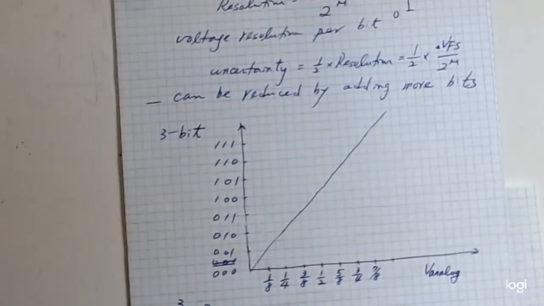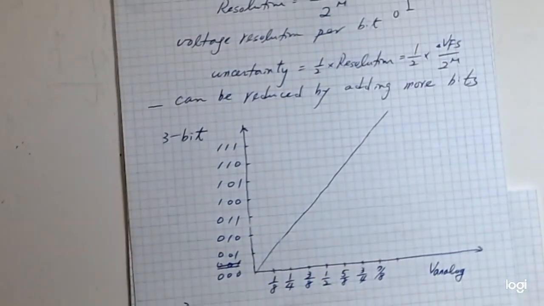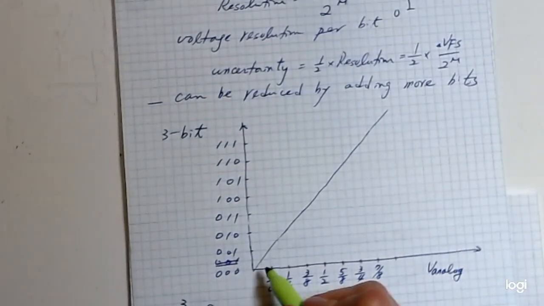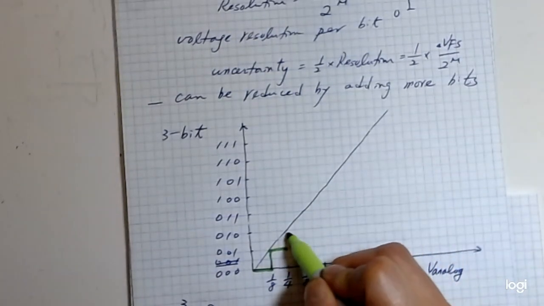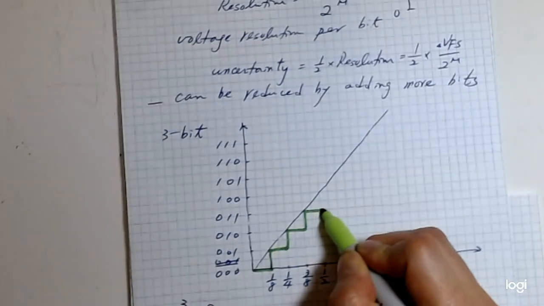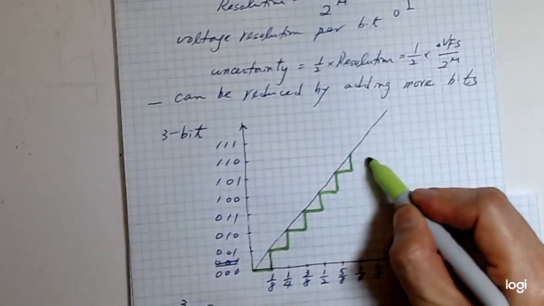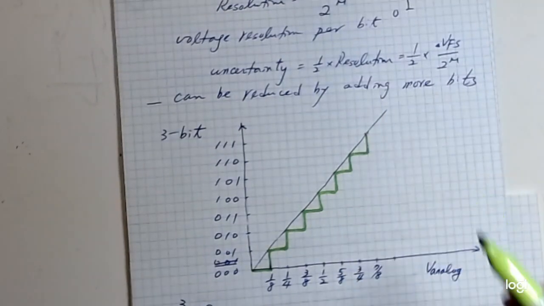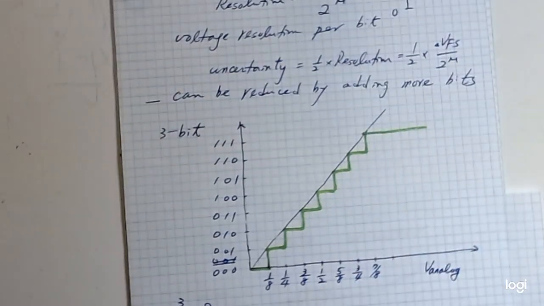In other words, every voltage between 0 and 1/8 is zeros, and then between 1/8 and 1/4, you have this. And up to 7/8, even if it's bigger, it will still stop and saturate. That's for AD converters.